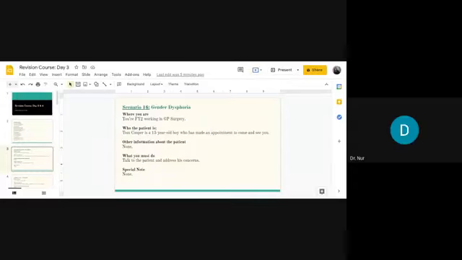In this scenario you are an FY2 working in a GP surgery, and the patient is Tom Cooper, a 15-year-old boy who has made an appointment to see you. Other information is none. What you must do is talk to the patient and address his concerns.